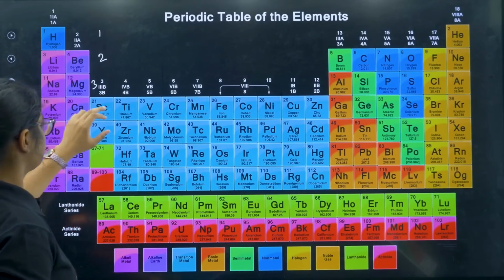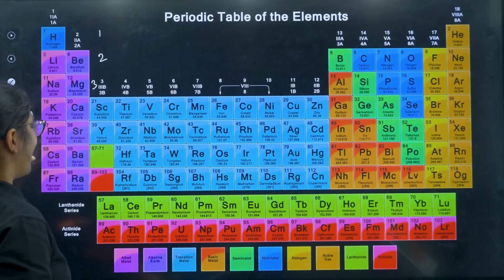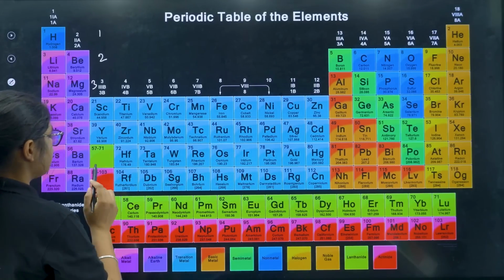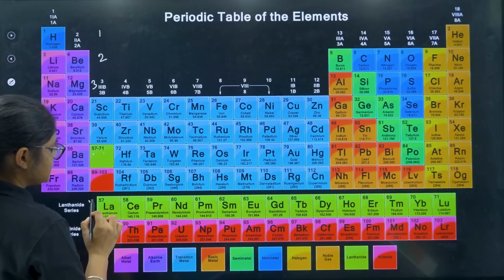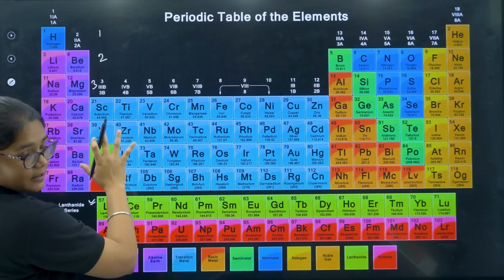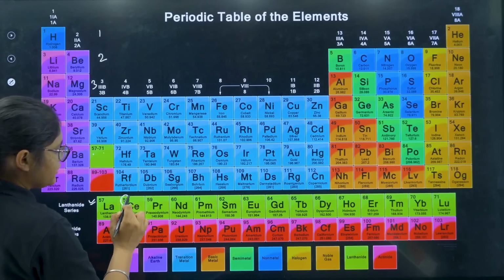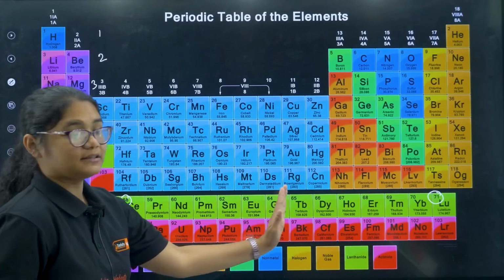The fourth period is your 3D elements, the fifth period is your 4D elements and the sixth period is your 5D elements. Now here you have to remember that from 57 to 71, lanthanum is actually a part of the D block elements. Then from 58, that is cerium, to 71, that is lutetium, these are your lanthanoid elements.